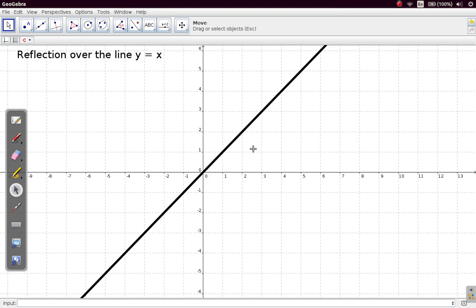Now, as an example, we have the point 5, 1, which is right here. Let's call it P. When it's reflected over the line y equals x, it will be in this form.